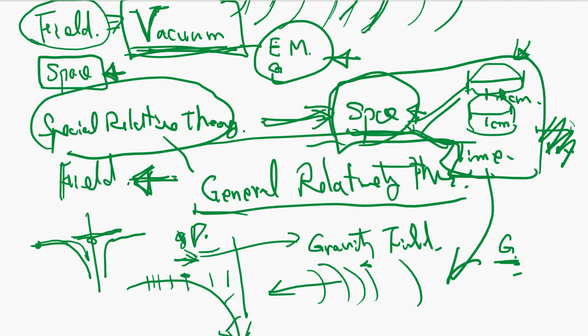Okay, now using this, some interesting things came out, like if space is warped, then an electrical field can generate a magnetic field. So the interesting fact is electrical field and magnetic field are actually the same thing.